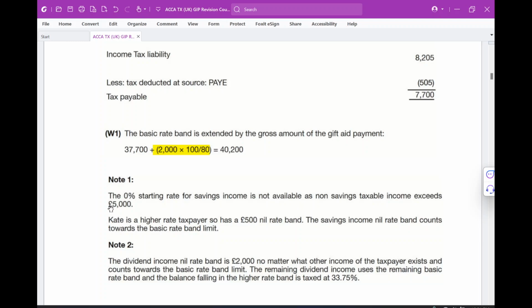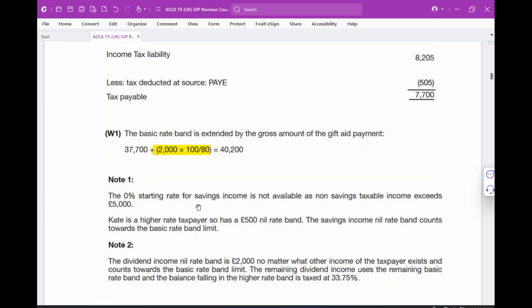You'll see that the first reference here is that there is a 0% starting rate for savings income. In other words, there is an amount that will be taxed at 0%, subject to other variables.